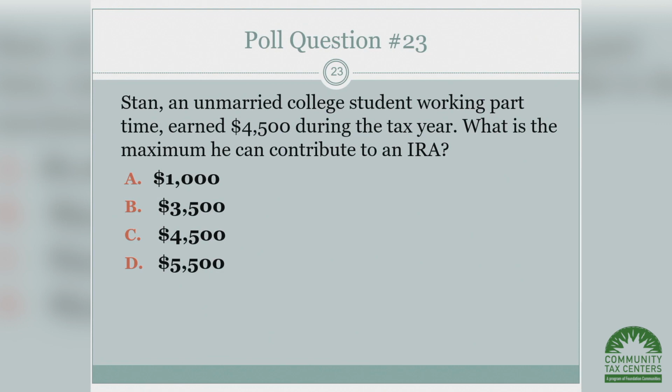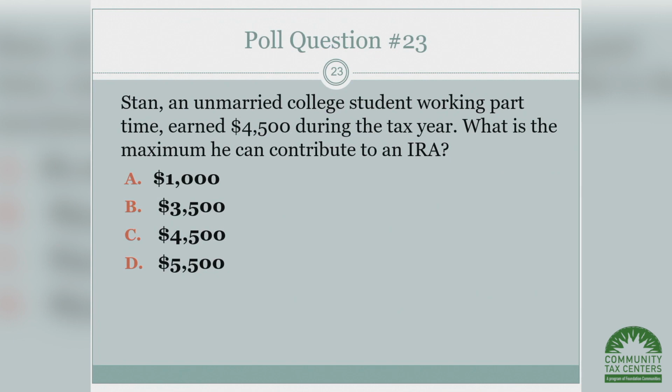You say C? Okay. Yes, I'd say C as well, because isn't the max you can put in a year 6,500? But since he only made 4,500, you can only put in what he made. Absolutely. It is either the 6,500 or the compensation, the lesser of.